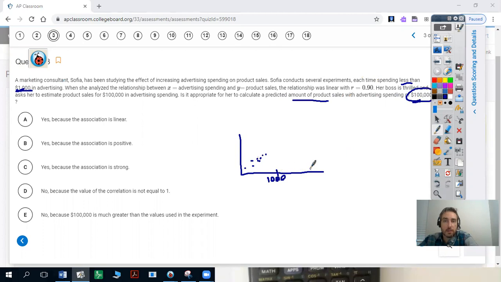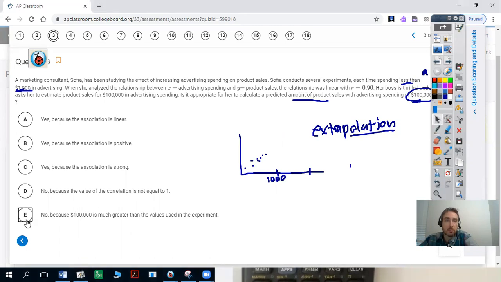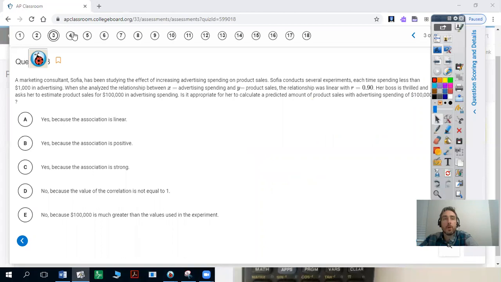So 1,000, 2,000, 3,000, we're talking way out here. And no, we don't want to make predictions. That's called extrapolation. And that's generally not favored. So that's way outside of the values in here. So it's going to be no, because $100,000 is much greater than the values used in the experiment. All right, number 4.